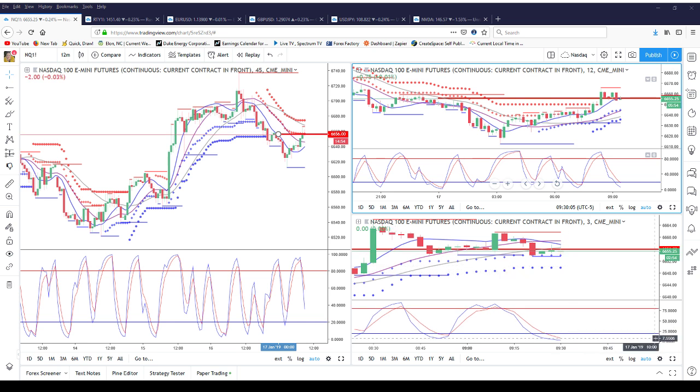And we have the market opening. We'll see what they'll do. It looks like they don't know what they want to do.